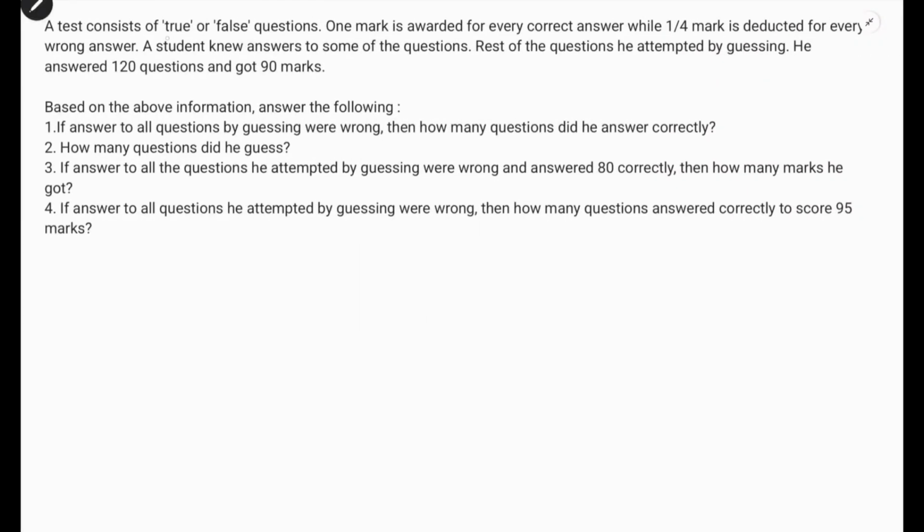A test consists of true or false questions. For every correct answer, 1 mark is awarded, so plus 1. And for every wrong answer, 1/4 mark is deducted, so minus 1/4.